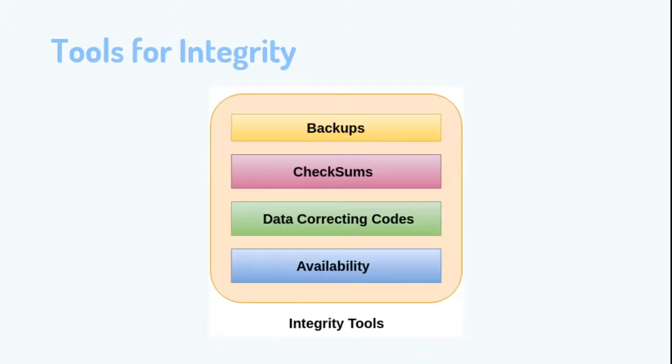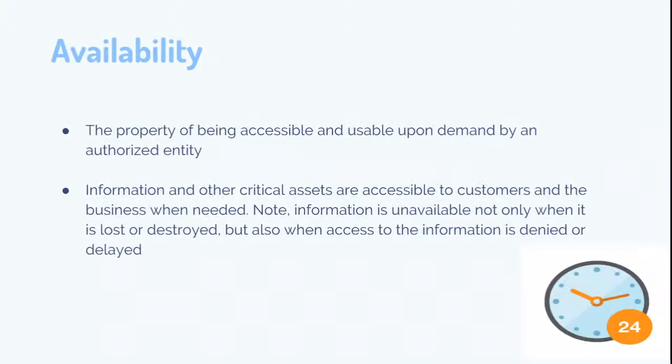Next one is availability. Availability is the property of being accessible and usable upon demand by an authorized entity. That is, you can access the property or data from anywhere.